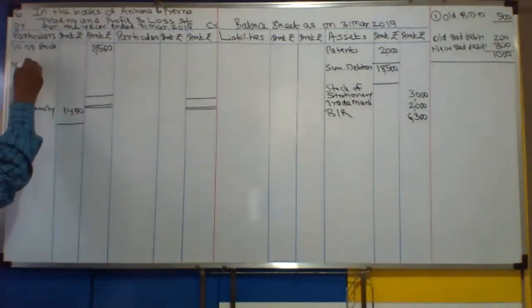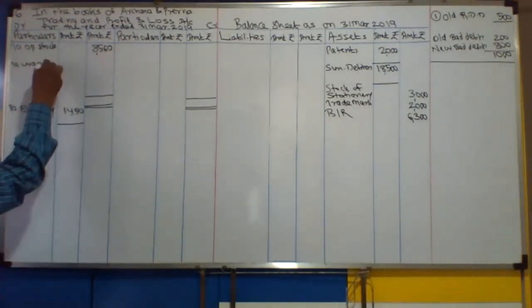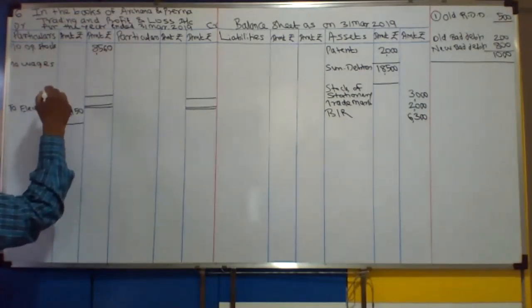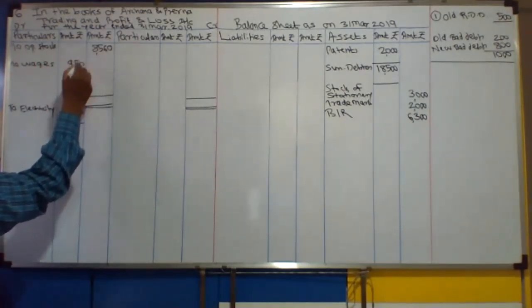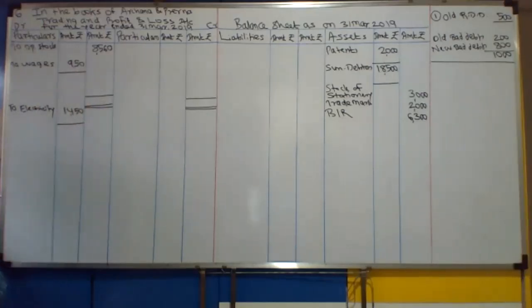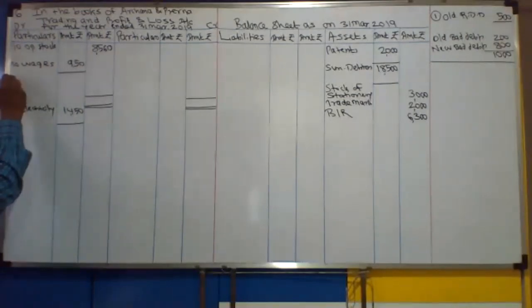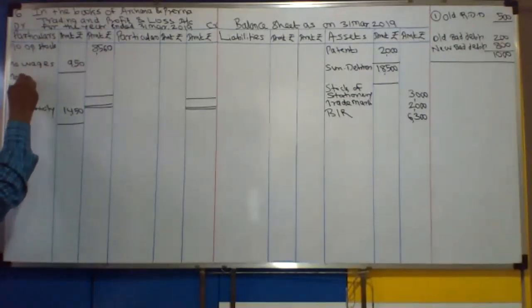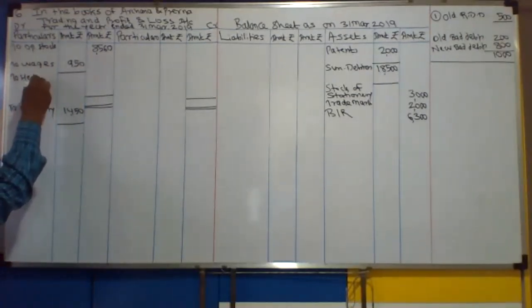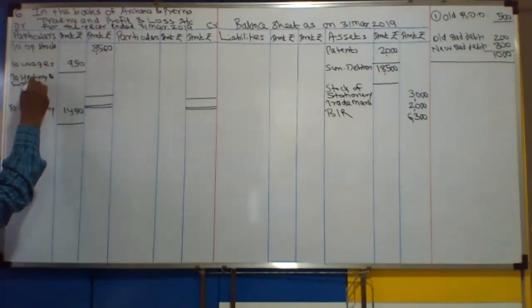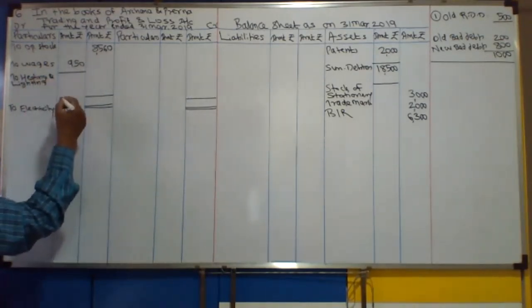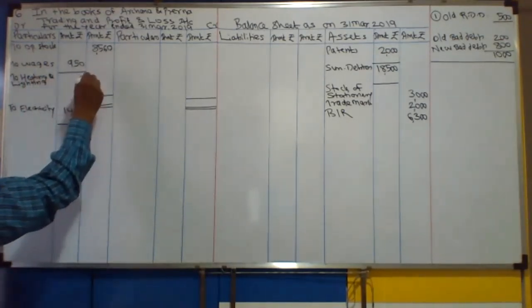For purchases, there is purchase return; you should see this first. Wages are to be recorded to trading account debit side but in the inner column. Heating and lighting. By the way, heating is a production process. So to be recorded to trading account debit side. Heating and lighting is 1,000.